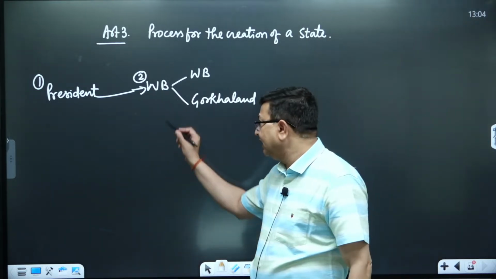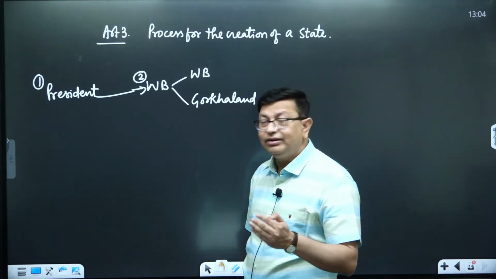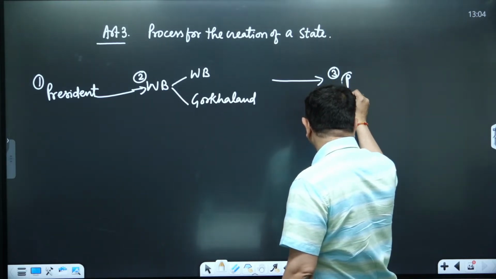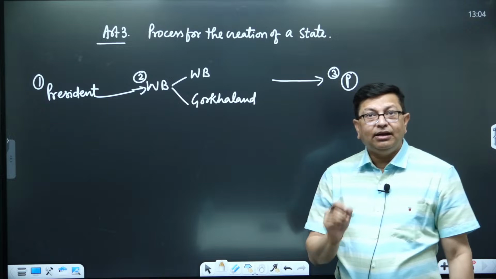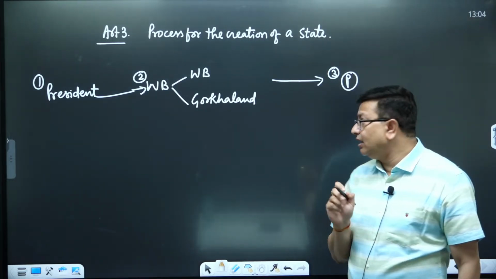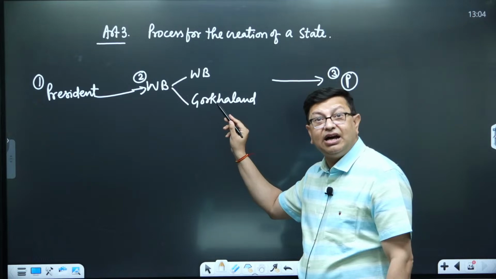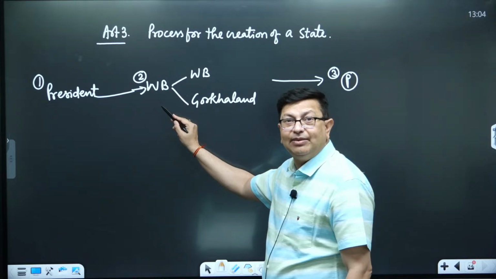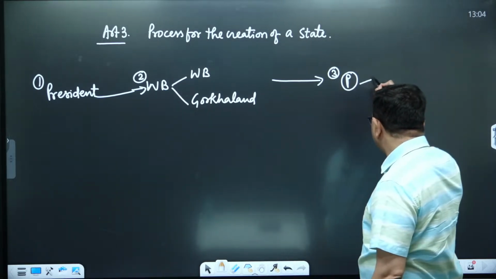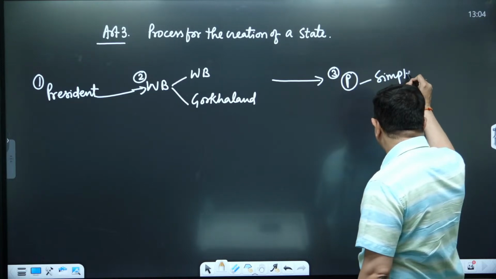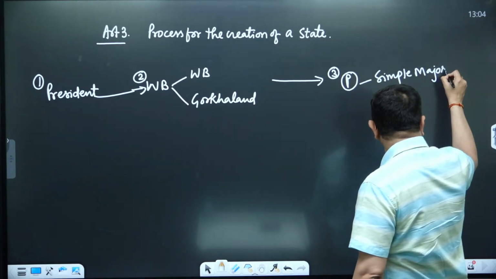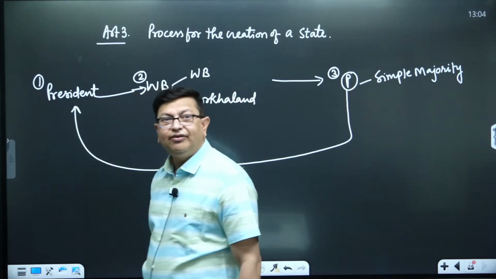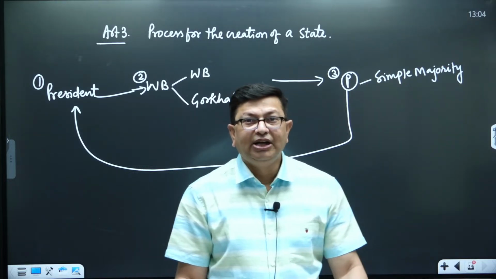After that, the bill will be introduced in the houses of the parliament. Even if the bill undergoes a large change, it need not be referred to the West Bengal Legislative Assembly again, and the parliament will pass the bill by a simple majority, and after the president's assent, a new state is created.